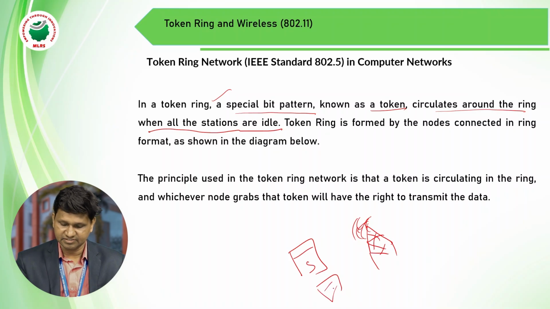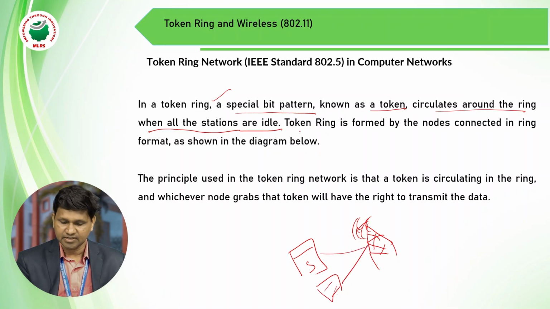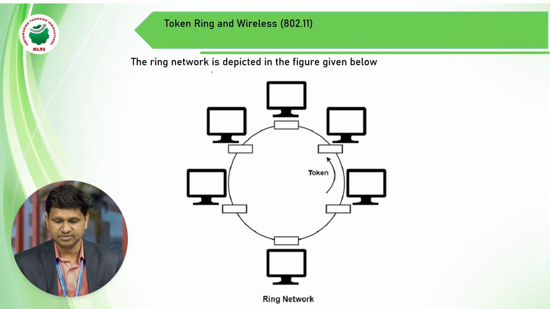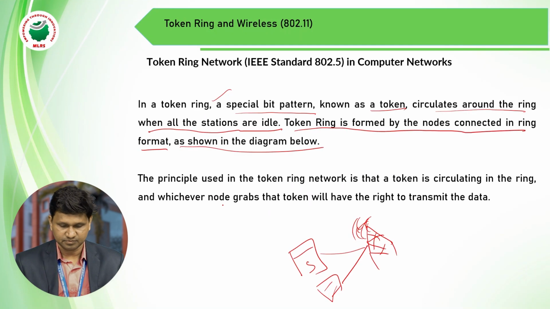For sending and receiving purposes, the nearby stations receive the signals. Token ring is formed by the nodes connected in a ring format as shown in the diagram below. Now see, the ring network is depicted in the figure given below. So this is the ring network, with system 1, system 2, system 3, system 4 and system 5.